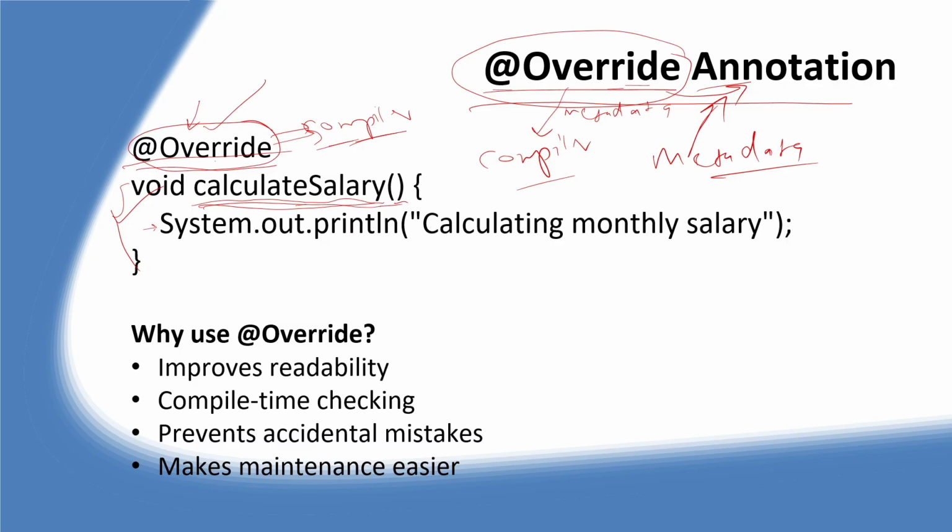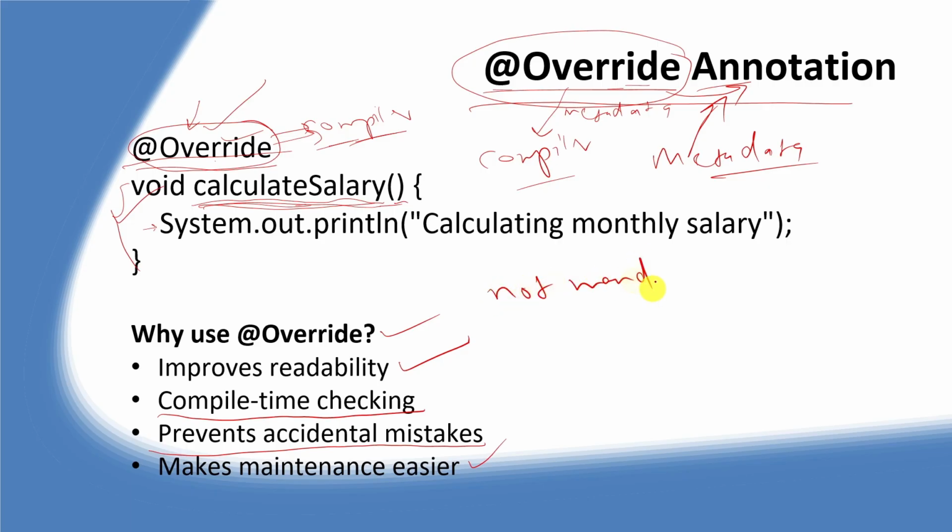So why use @Override? It improves readability. By looking at the method, we can see, oh, this method is overridden. And during compile time we will come to know whether we are following the rules or not. It prevents accidental mistakes and makes maintenance easier. This annotation is not mandatory.